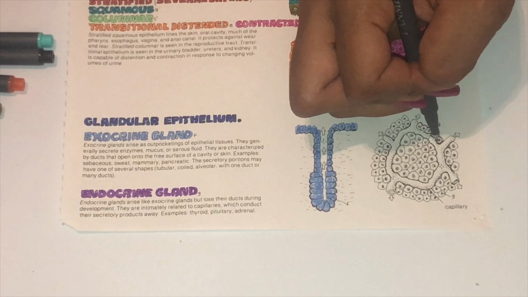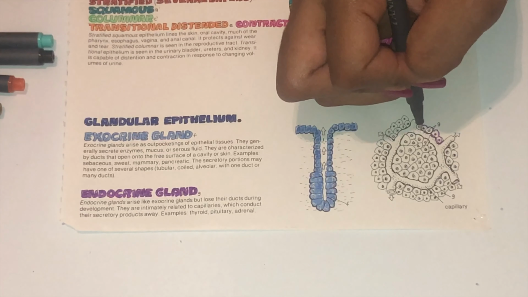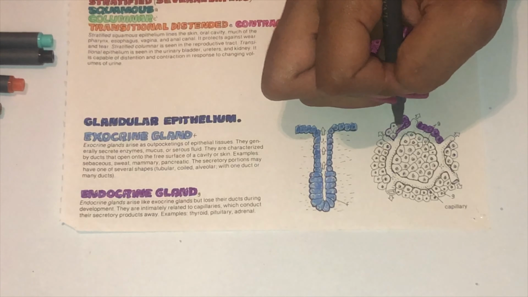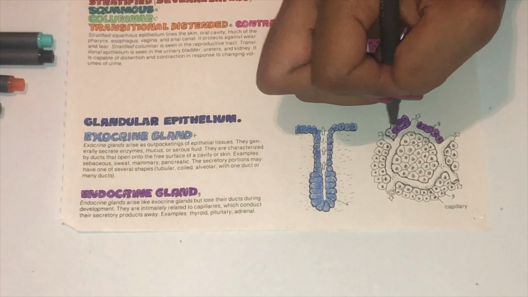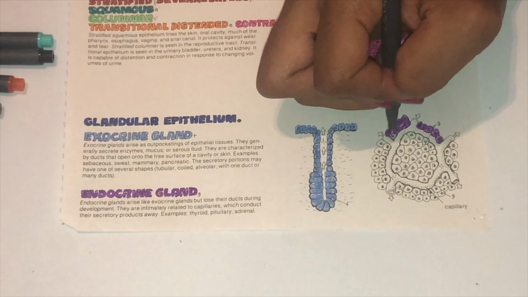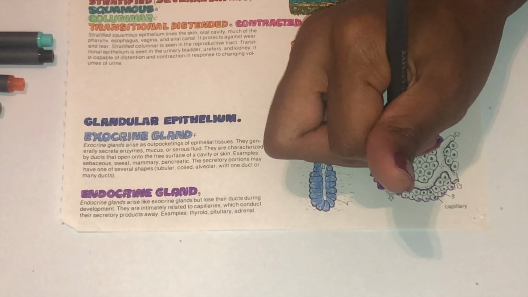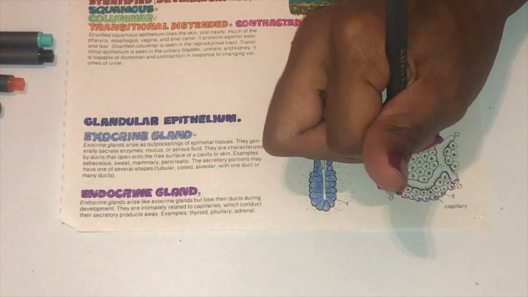Endocrine glands arise like exocrine glands but lose their ducts during development. They are intimately related to capillaries, which conduct their secretory products away. Examples: thyroid, pituitary, adrenal.